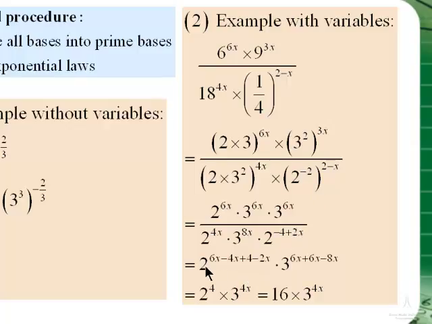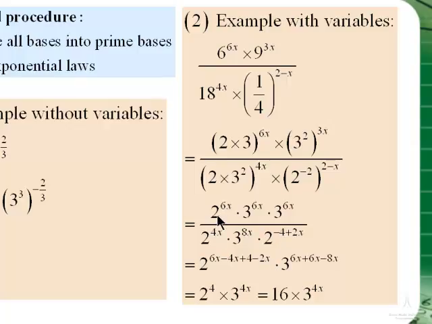Then all I did is I put together the exponents for the same base. So we have at the top, and you can see I also got everything at the top, in other words in the numerator position. So you have 2 to the power 6x. This becomes 2 to the power minus 4x, and 2 to the power plus 4 minus 2x.